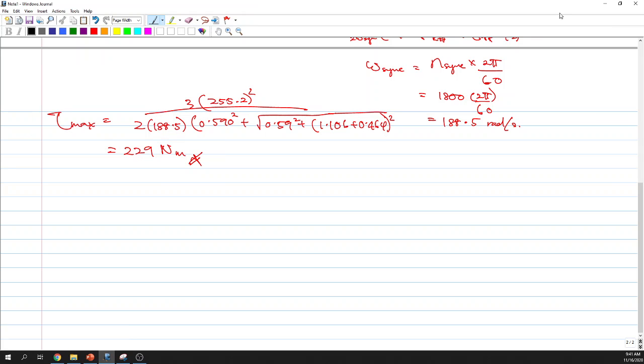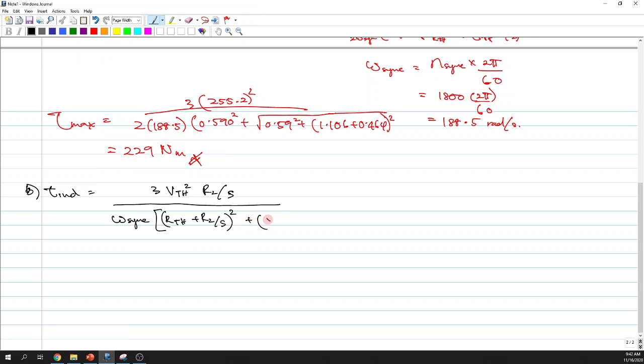The torque induced is equivalent to 3 VTH square R2 over S divided by omega sin multiply with RTH plus R2 over S square, plus XTH plus X2 square. Okay, so you can see that this includes S.